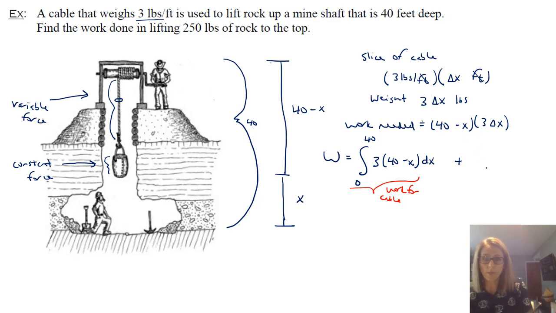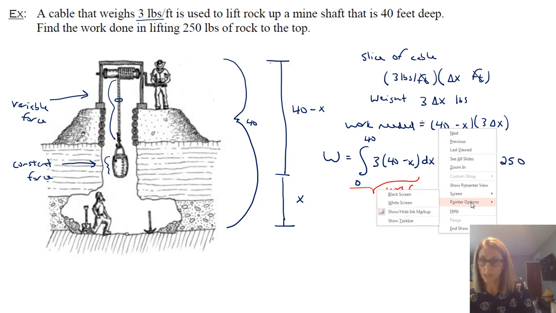When we think about the work for that rock, it's going to go 40 feet because it's down at the bottom, and it's 250 pounds. Remember, when we have pounds, that's already a unit of force, so this is force times distance already. It's going 40 feet and it's 250 pounds. So that's just a separate piece that we don't need to integrate, which is what would be required for something that has a constant force.